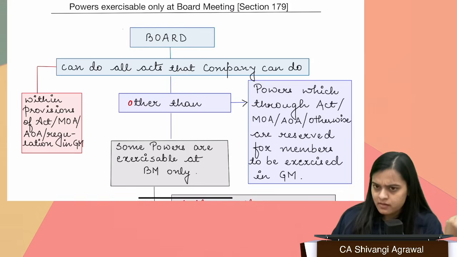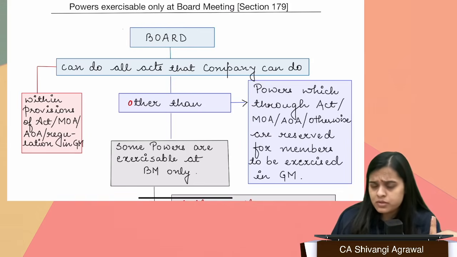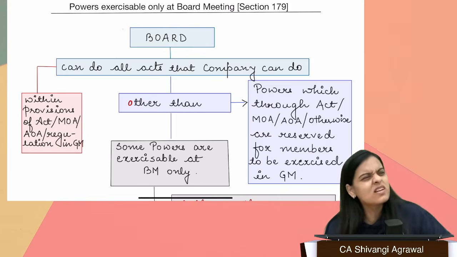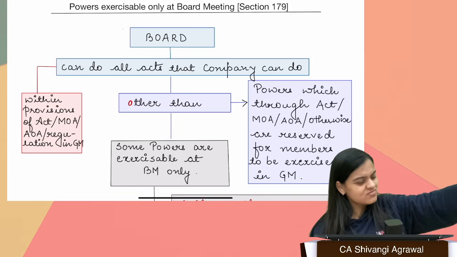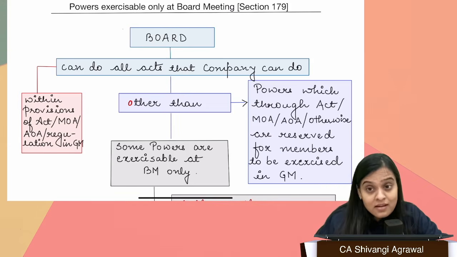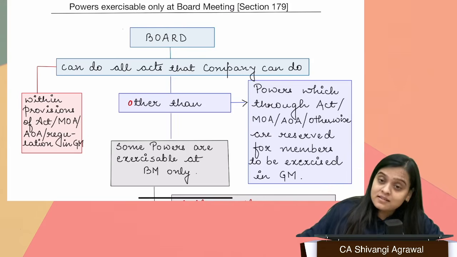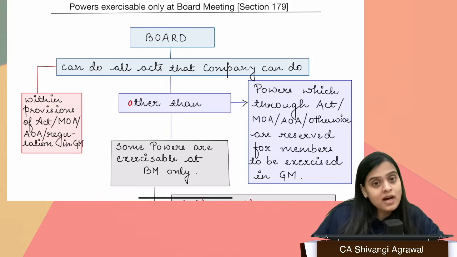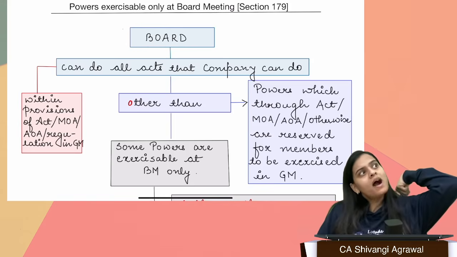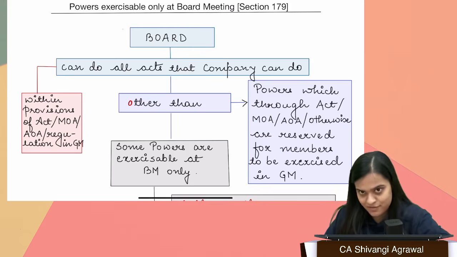Yes, ma'am, correct. So that is what exactly a company can also do, basically. But then, as you said, alter its articles. Just by passing board resolution, the articles can't be altered. For altering the articles, basically you need to pass special resolution. And when I say special resolution, that means it is the power which the members have.